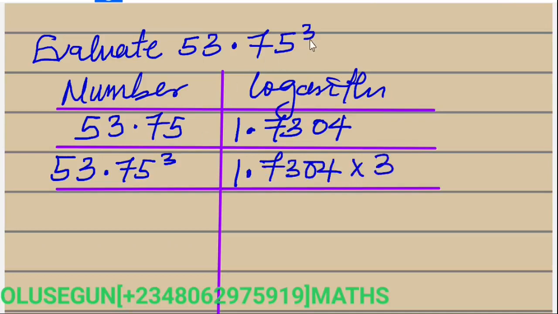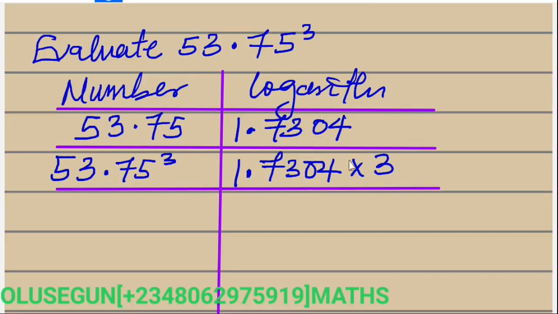Because it's a power, you multiply it by 3. If it is power of 4, you multiply it by 4. The secret of power in logarithm is that after you find the logarithm of the number, you multiply with the power. It is a rule, so you must obey it.